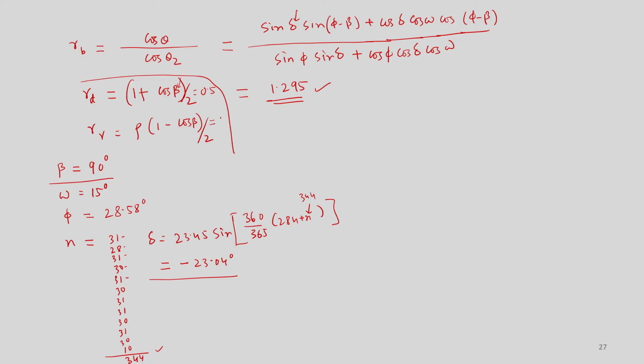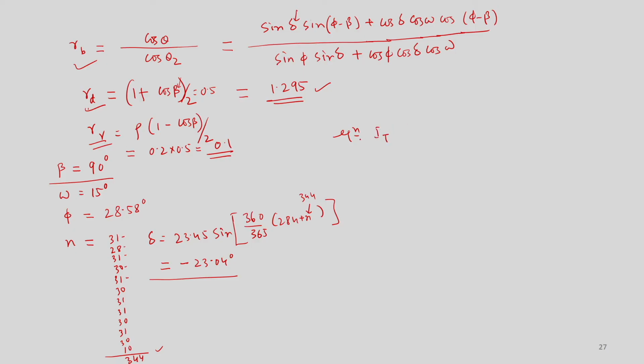So here it will be 0.5 into 0.2. Rho is 0.2 into 0.5, so RR will be 0.1. Now we know the RD value, RR value, and the RB value. So what can we calculate? We can calculate IT.